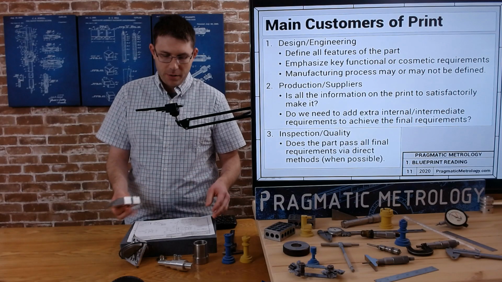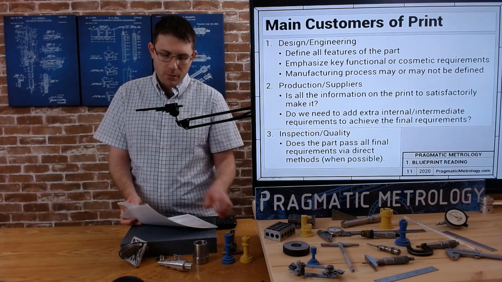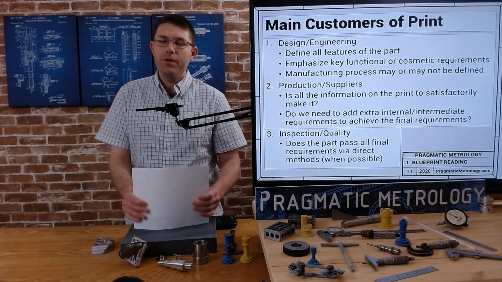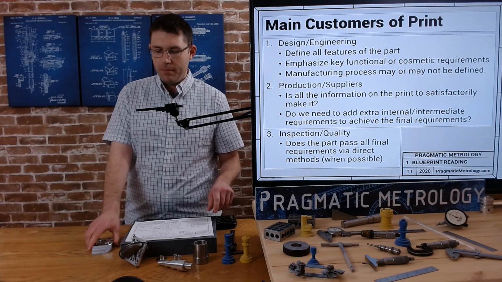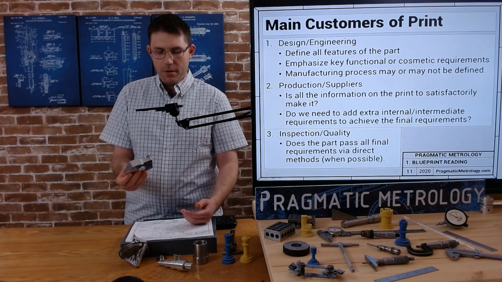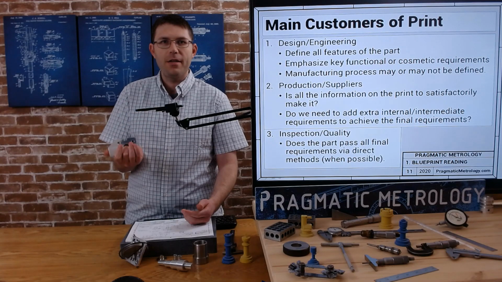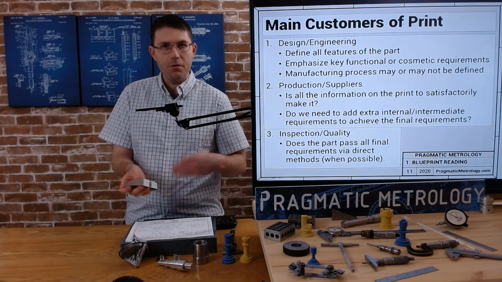They're going to look at this part and they're going to say, okay, how are we going to achieve all of these requirements? And that can go into why you really need a good print, because manufacturing is going to be asking itself, how can I achieve the requirements to make this? And I just mentioned cost. Maybe keeping things extra flat, extra parallel is increasing cost.